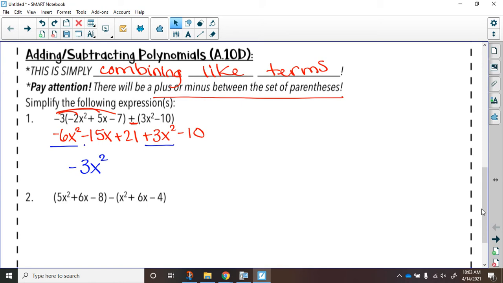Then I have negative 15x, and there's no other x in the problem, so I just bring it down. And then I have 21 minus 10, which is positive 11. And that would be our final answer.